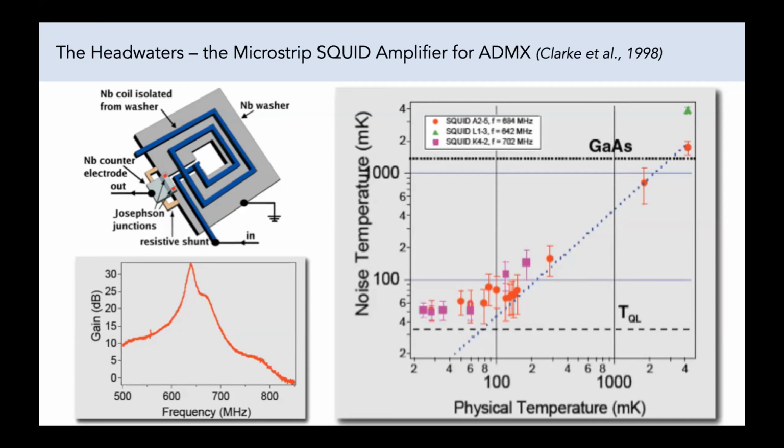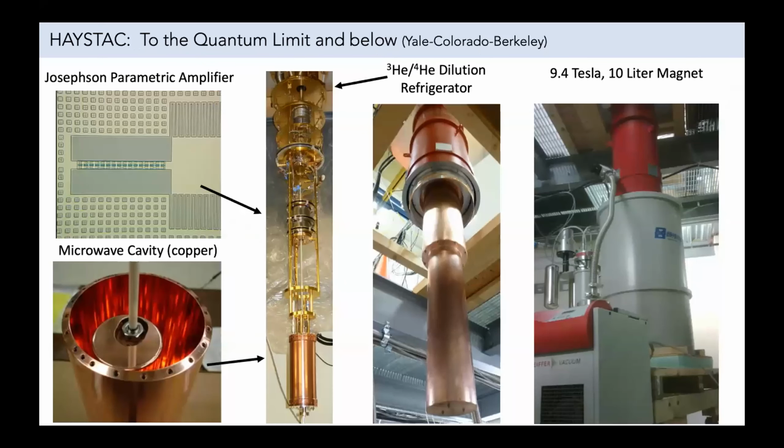And this was, of course, a major breakthrough, which really kept the axion enterprise moving forward with a future vision for how it would actually get down to the QCD axion in a realistic way.